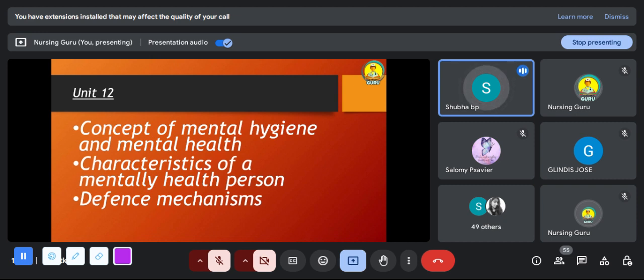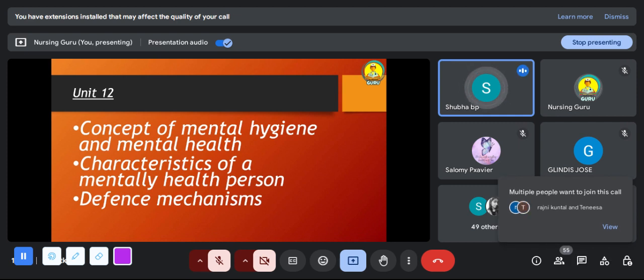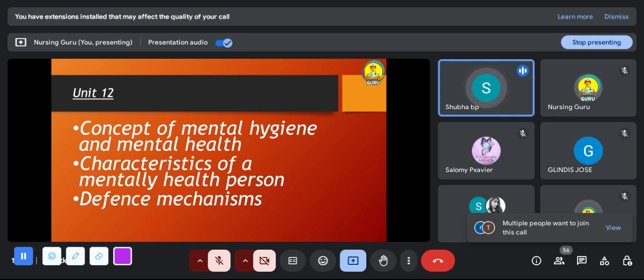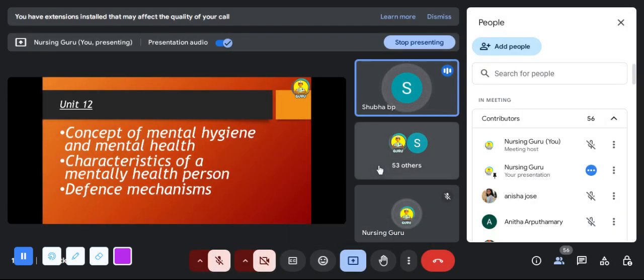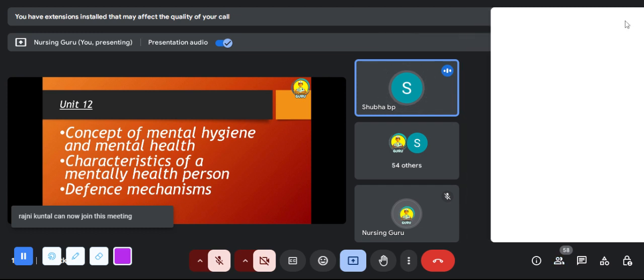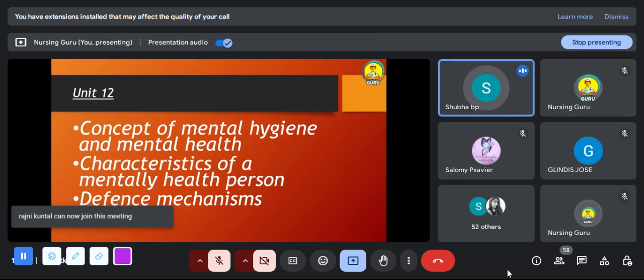So you need to write the definition of each and make the differences, and you can usually obtain 3 marks from this question. And next one, characteristics of a mentally healthy person. As a mentally healthy person, what characteristics will be present? So we know what characteristics are present in a healthy, normal person, and what characteristics are present in an abnormal person.